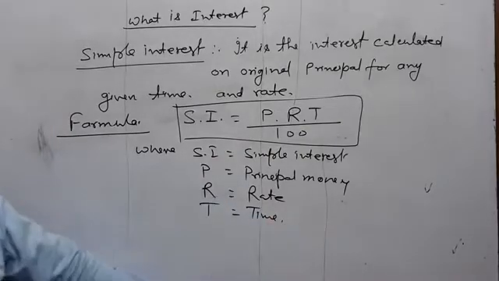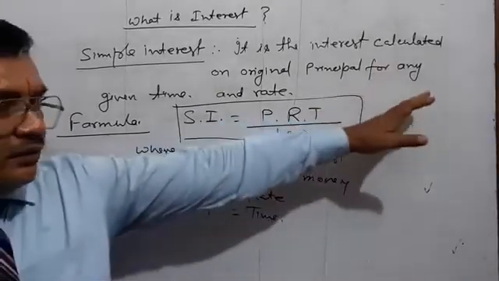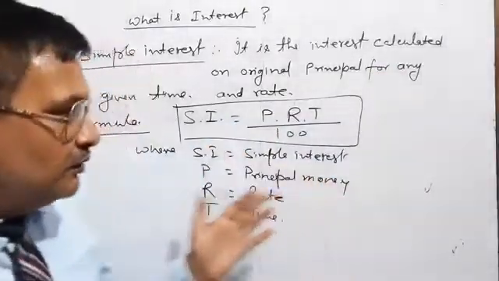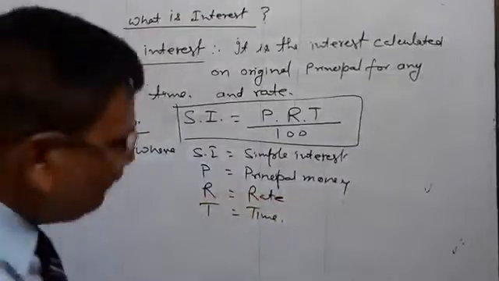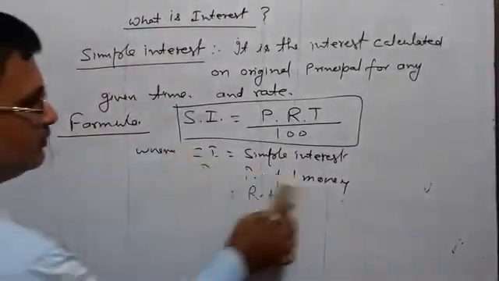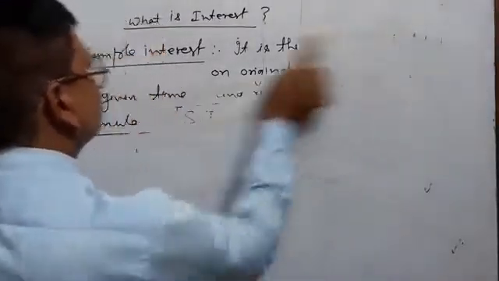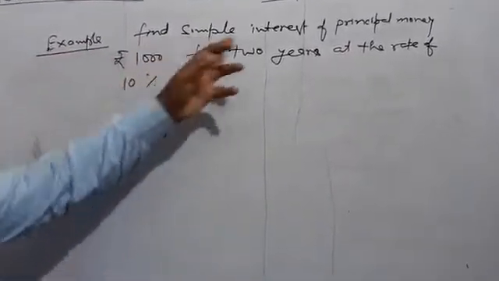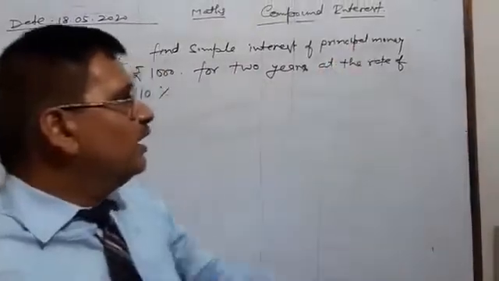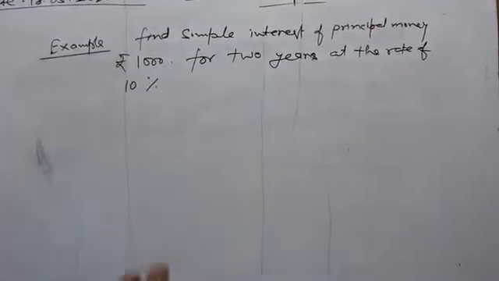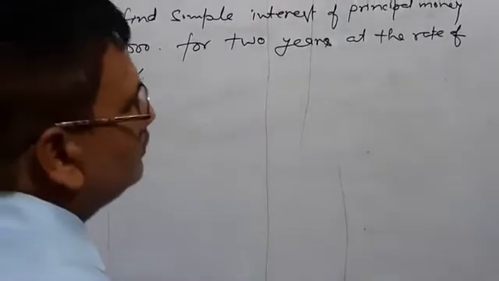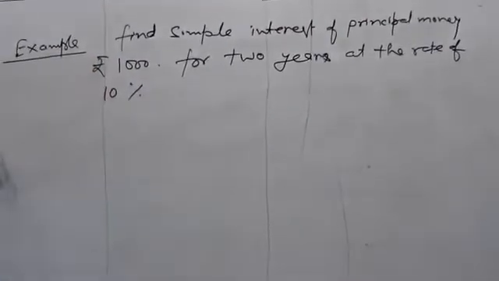For example, you have a question: find the simple interest on principal money rupees 1000 for 2 years at the rate of 10%.